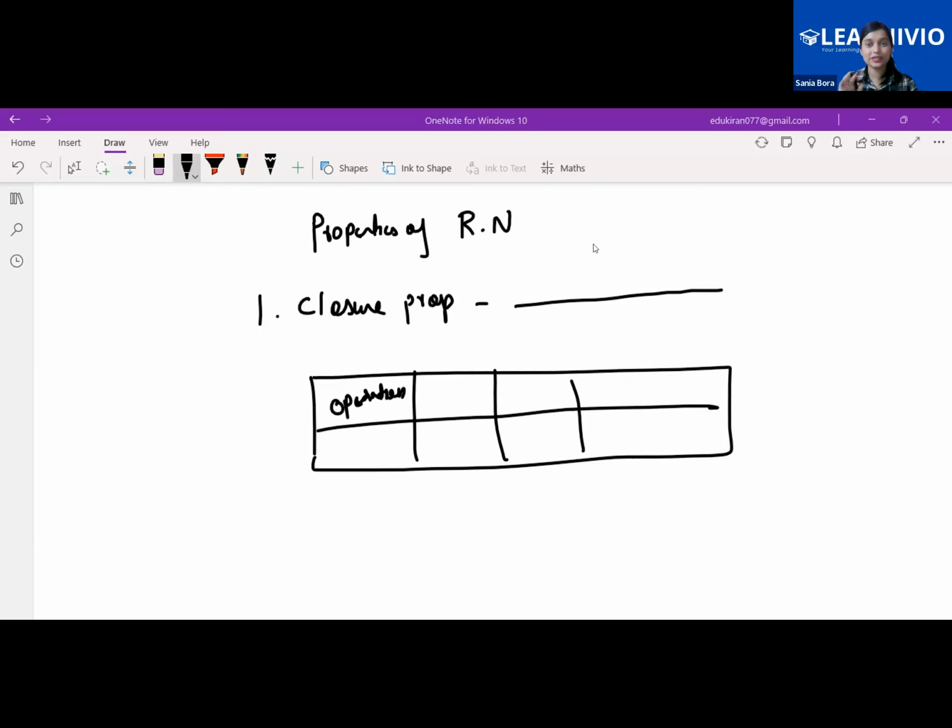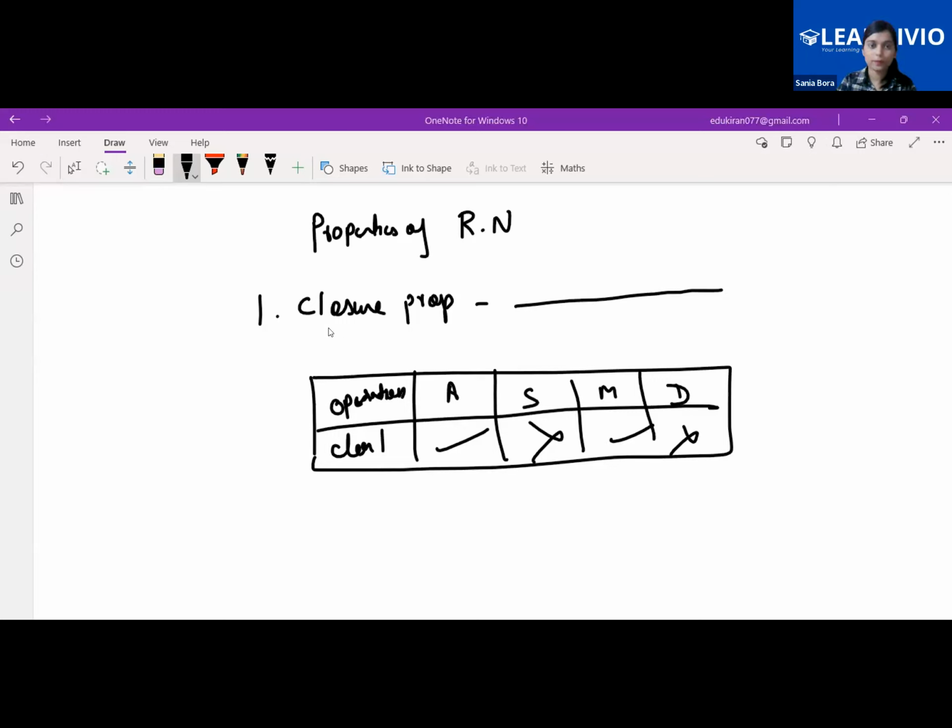Operation doesn't mean the doctor's operation. You are the maths doctor. So over here you will write addition, subtraction, multiplication and division, and here, closed or not. We will make a table like this.